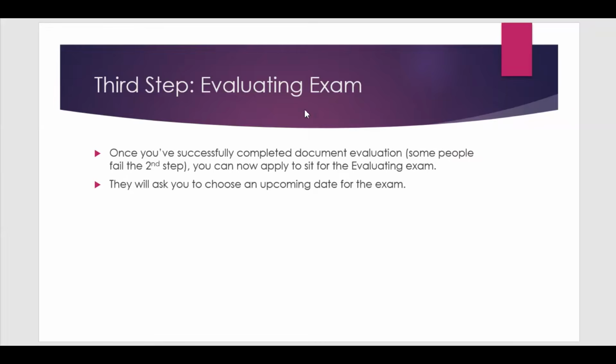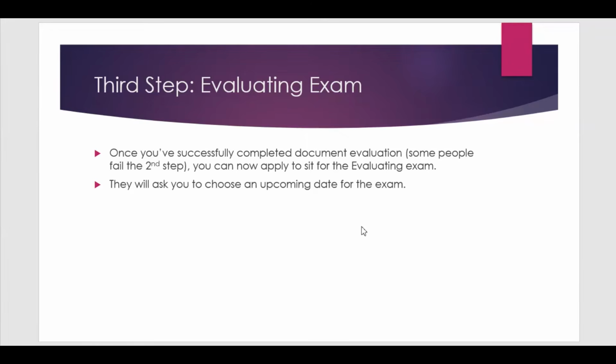Now, once you apply for the evaluating exam, I'm pretty sure they send you specific dates that you have to sit for the exam on, and you cannot choose other dates. For example, if you apply today, they will probably send you a memo or an application to choose between May or November, for example, for the evaluating exam.